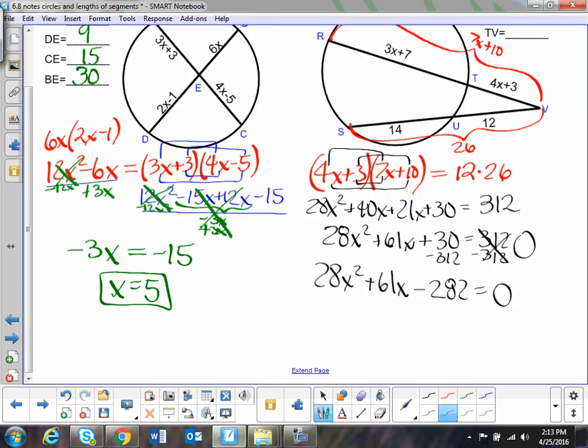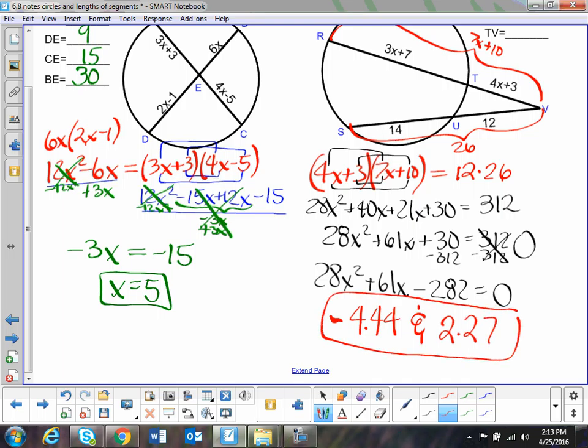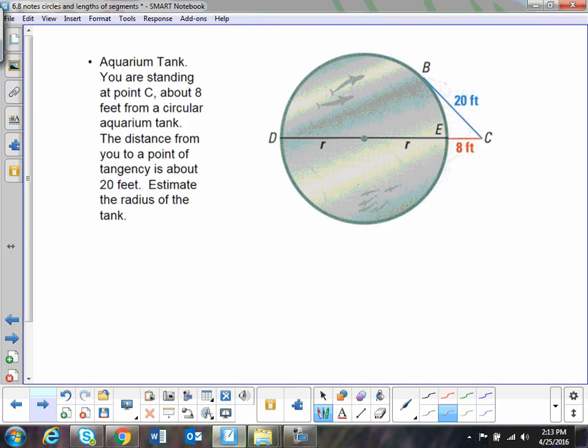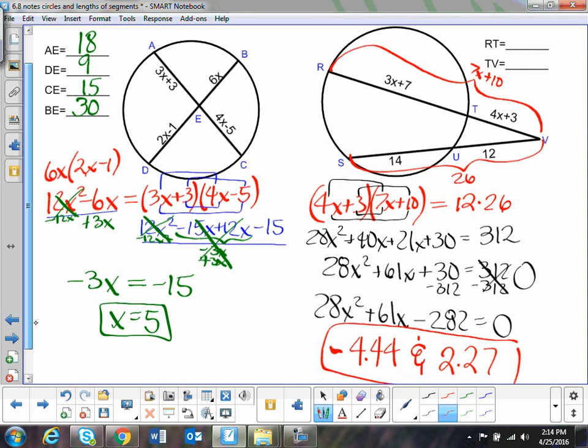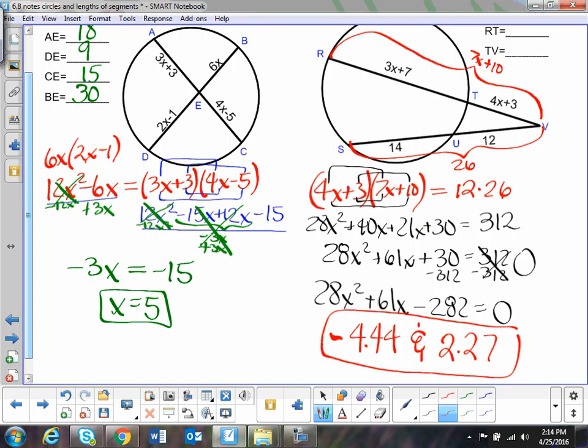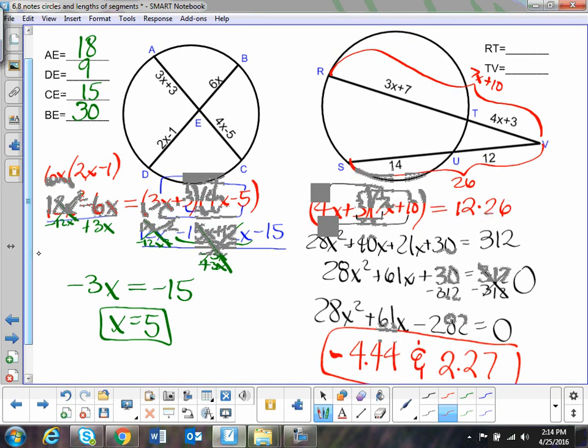So, we all set those answers: negative 4 point what? 4? Okay, and the other one to the right, 2.27. Alright, so there are your 2 answers right there. If you plug in the negative answer, are we going to get a negative value?